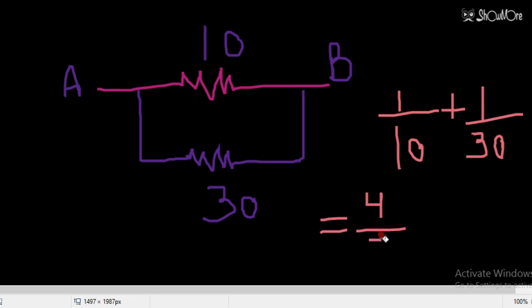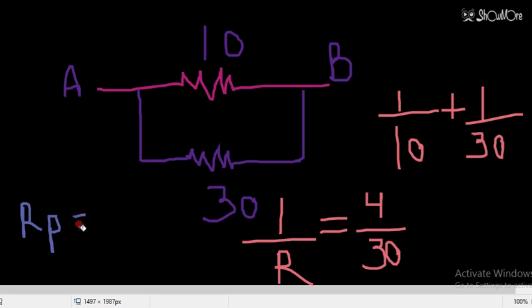And this is equal to 1 by Rp. So 1 by Rp is equal to 4 by 30, or you can simply say Rp equals 30 by 4. So this will be the answer for this particular question.